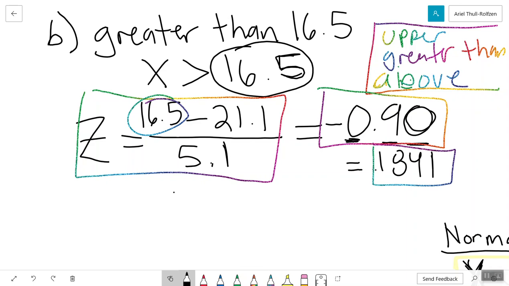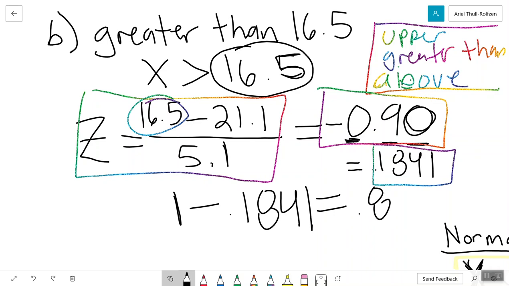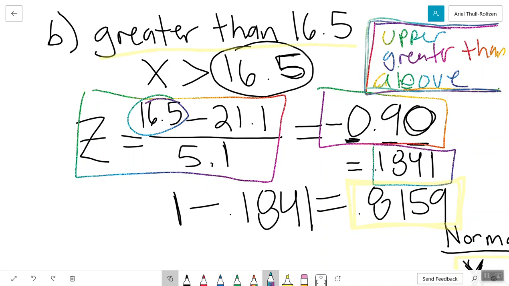So 1 minus 0.1841 equals 0.8159. This is going to be the probability of a student scoring greater than 16.5 on their ACT. So remember the rule: upper, greater, above, we're subtracting from 1.